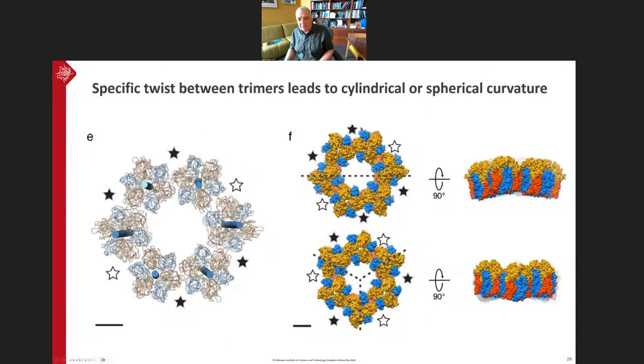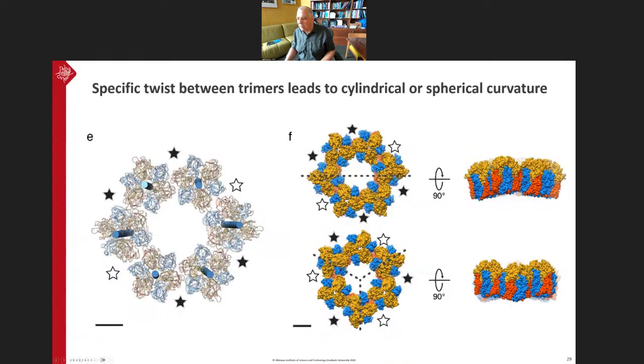If we alter this arrangement of interaction motifs between the two dimers, from black, black, white, black, black, white to black, white, black, white, black, white, then we actually end up getting a spherically curved assembly that does not have a seam and that perfectly seals up. And this is the cylindrical one that forms the tube, and then this is the one that would form the spherical assembly.